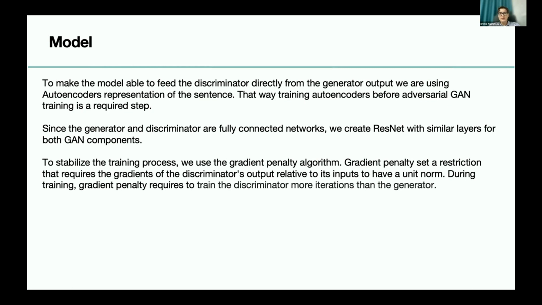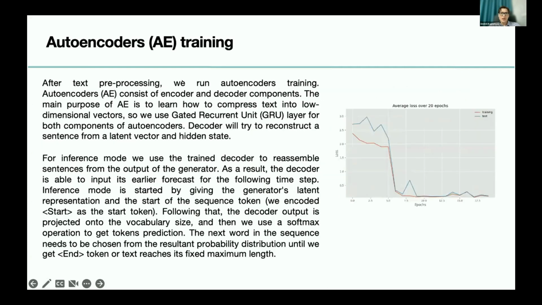The discriminator consists of simple layers. It's just a convolutional neural network with a simple classification architecture. After text preprocessing, we run autoencoder training, and after only about 10 epochs it demonstrated really good results.